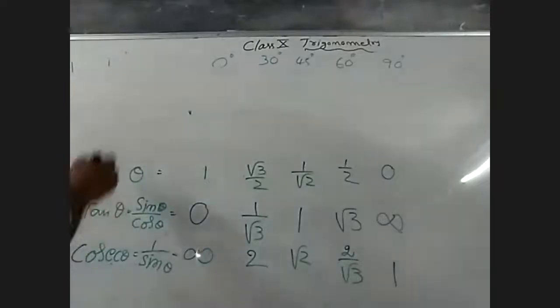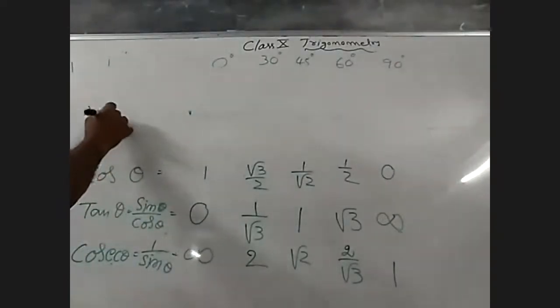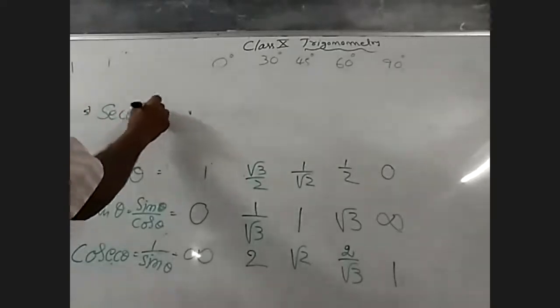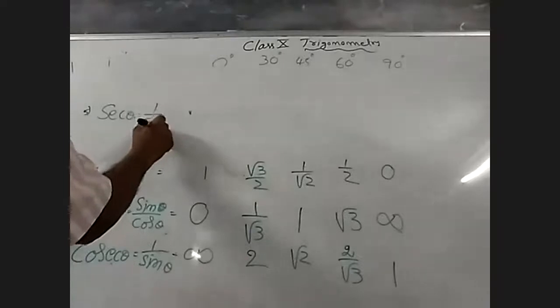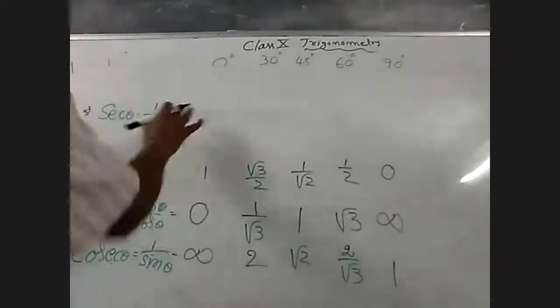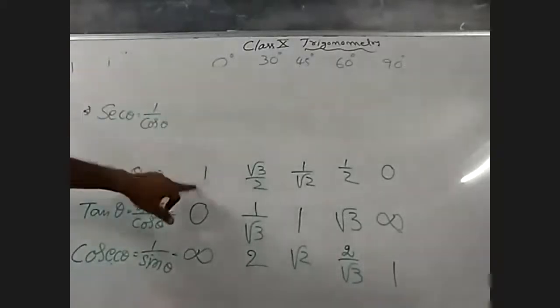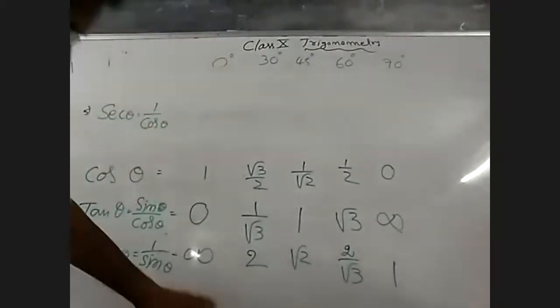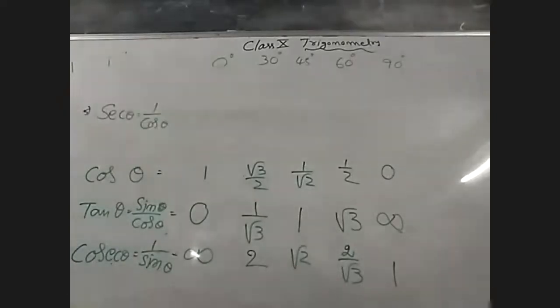Next, secant, the fifth one. Secant theta is equal to 1 by cos theta. Now here, what are the values of cos theta? Cos 0 is 1. You write below the cosecant, secant theta and tan theta.